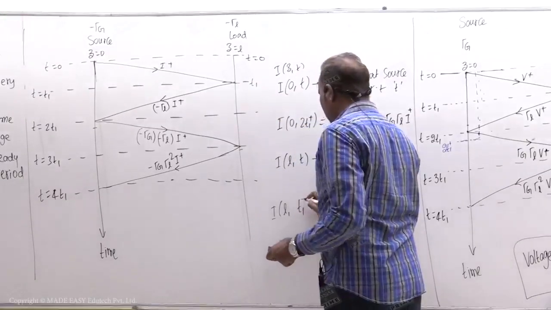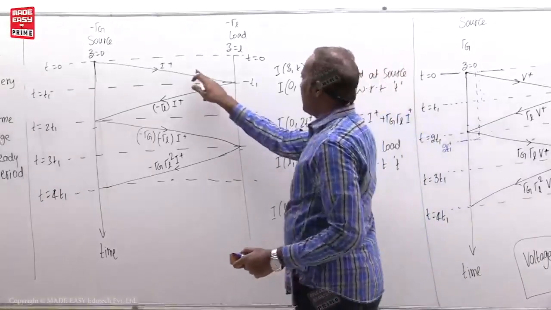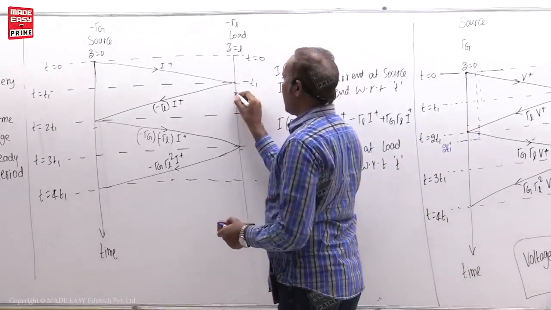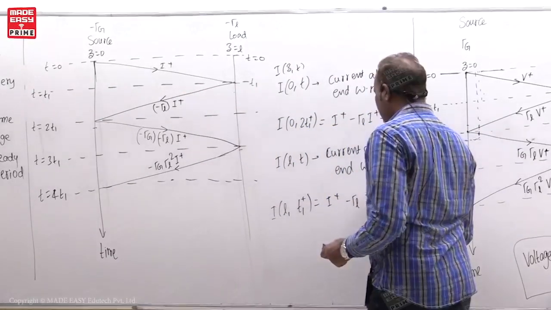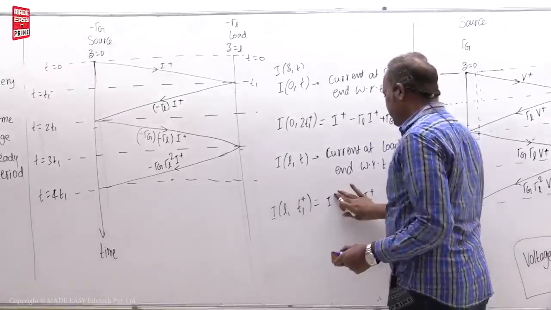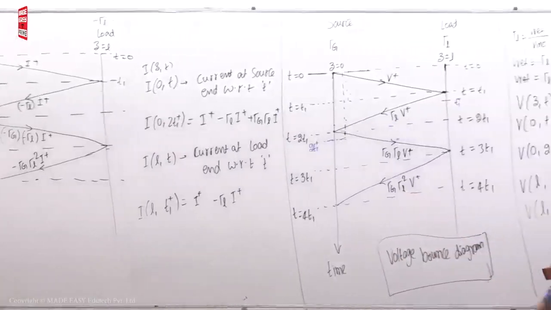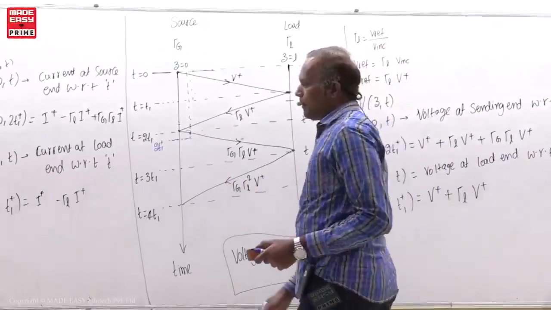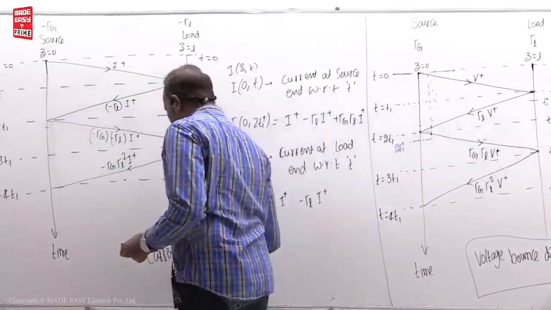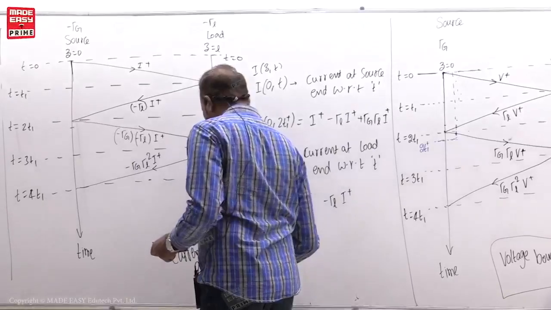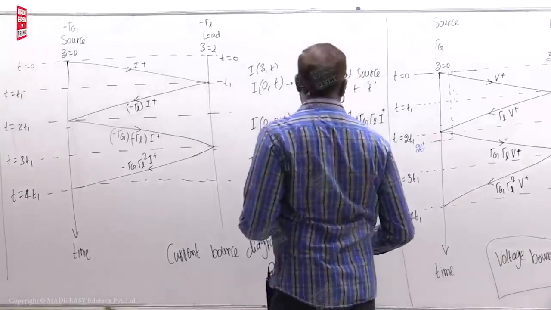So I of L comma T1 plus means this value becomes I plus, which is coming already, but at T1 plus time you have to take that it is reflected also, minus gamma L into I plus. Okay, so these are the equations, students. This is called the current bounce diagram. Bounce means reflection.